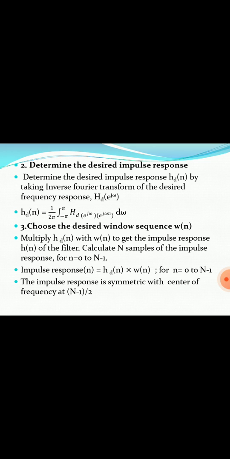Next, calculate the N samples of the impulse response for n equal to 0 to N minus 1. Here we can understand the impulse response can be obtained by multiplying the desired impulse response with the window function, hd of n into w of n, for the values of n equal to 0 to N minus 1. The impulse response is symmetric about the center at (N minus 1) by 2.